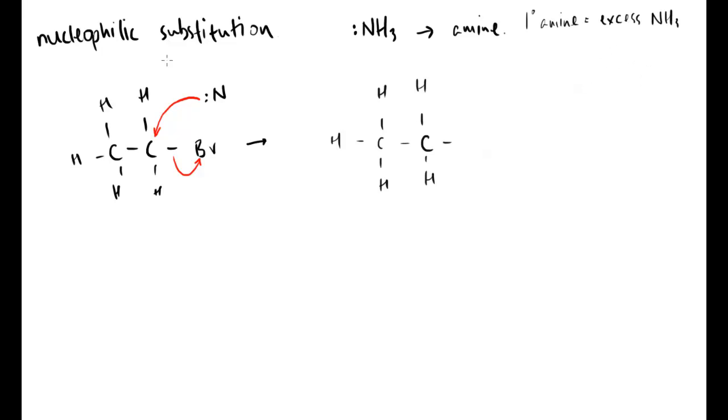So we had ethylamine. Now what we're saying this time is that our ethylamine can come in and attack our initial haloalkane, and in doing so obviously we can get a further reaction. Now I'm just going to abbreviate this to make it a little bit easier and clearer so it doesn't take up too much room.